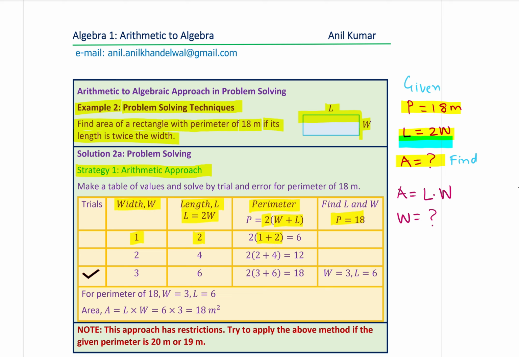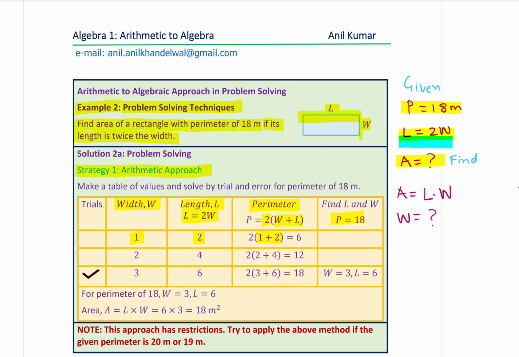So if the rectangle has a width of 3 and length of 6, in that case, we do get perimeter of 18. So now we have figured what could be the possible length and width to get exactly 18 meters of perimeter. So that should be in meters, 3 meters and 6 meters.